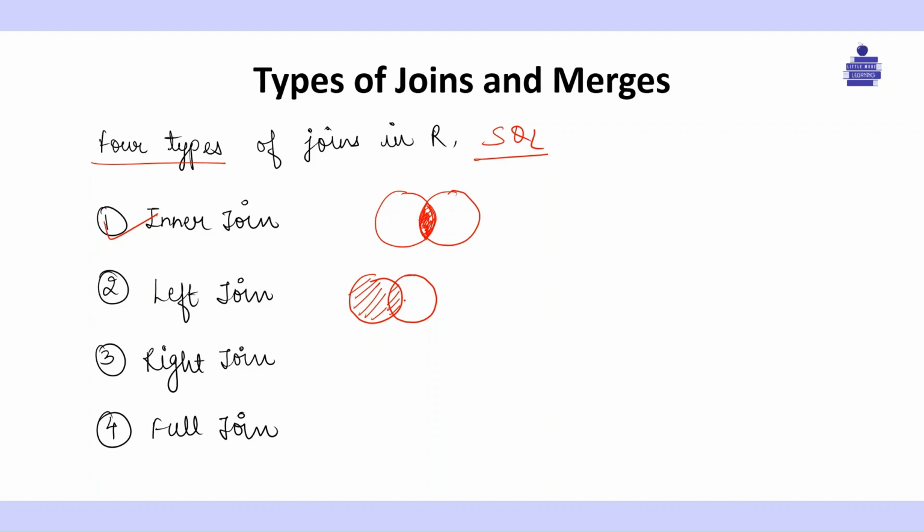Right join is vice versa of it: all rows from the right table and the matching rows from the left table. Full join returns all the rows from both the tables, filling the missing values with NA. So what full join depicts is all the rows, common, uncommon, everything from both the tables is shown.